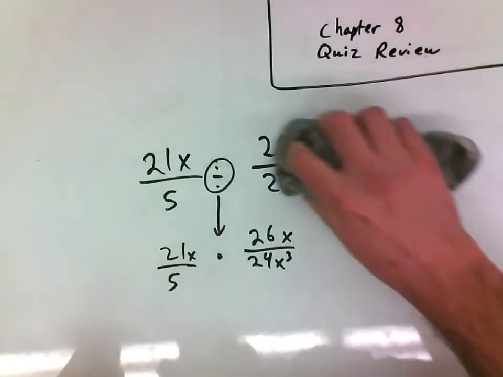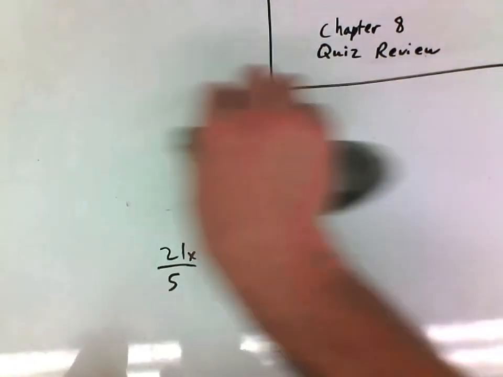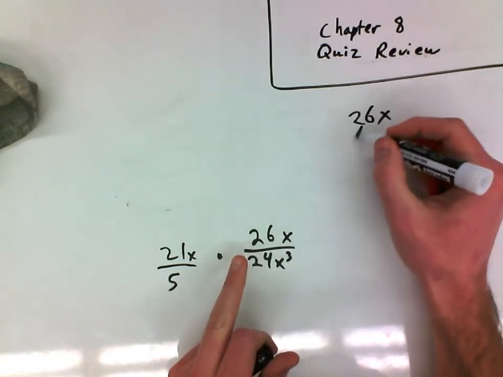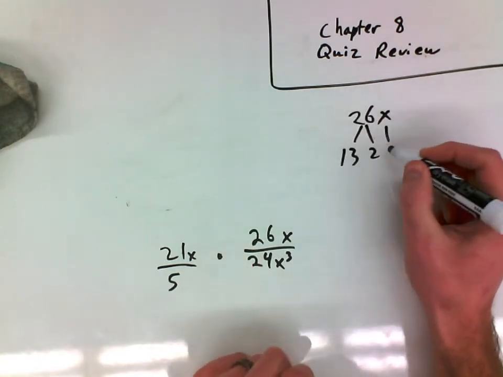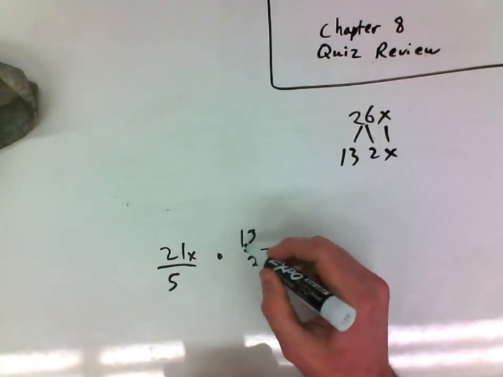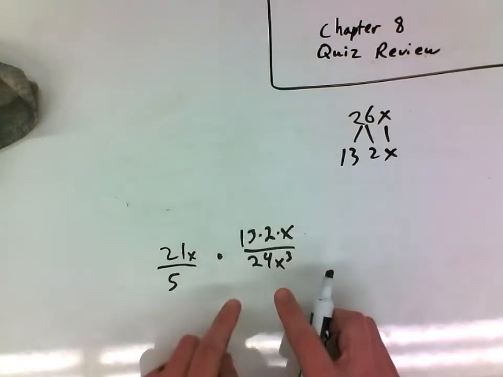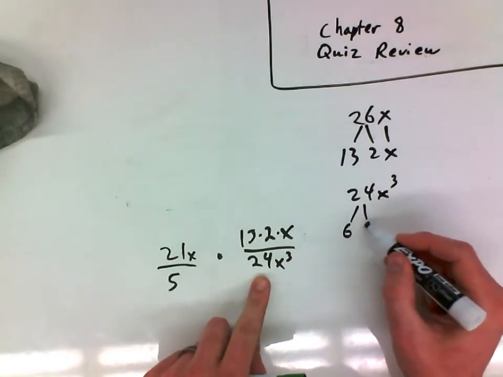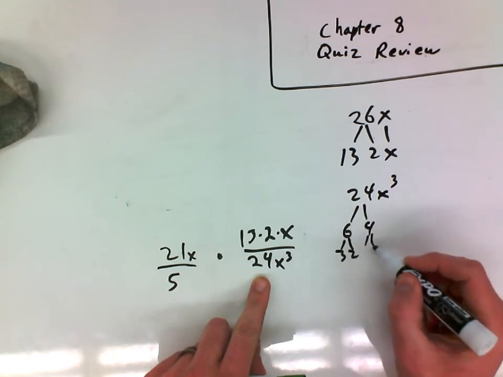So I still need to do what I did in the previous one, where I take this 26x and break it into its parts, like 13 and 2. And this 24x to the third is the same thing. That's 6 times 4, which is 3 times 2.